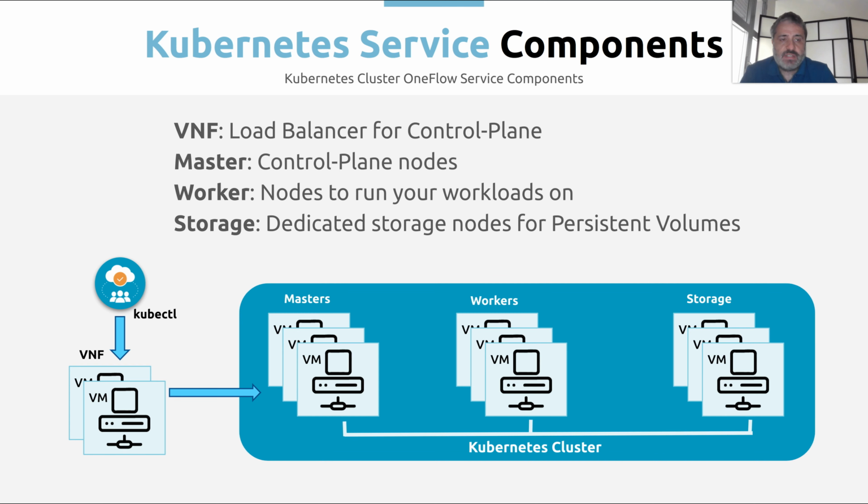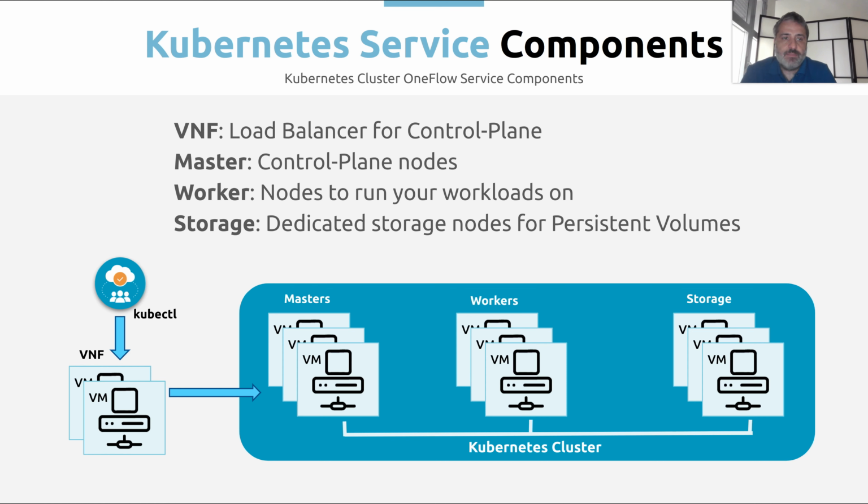The OneFlow service in OpenNebula also allows you to scale the service up or down depending on the needs. So you can add or remove virtual machines for each role. In the case of a high available cluster setup, we can increase the number of virtual machines, for example, for the VNF.